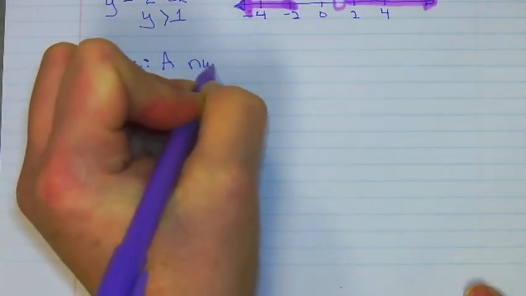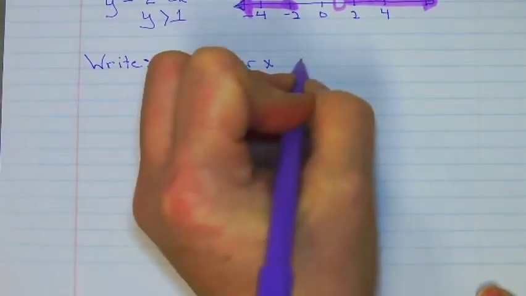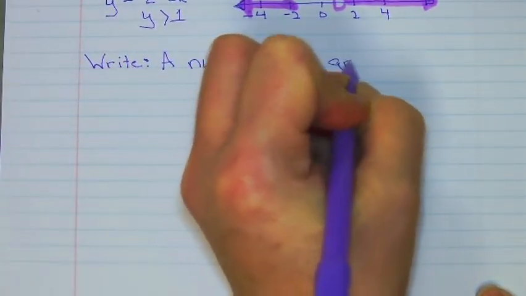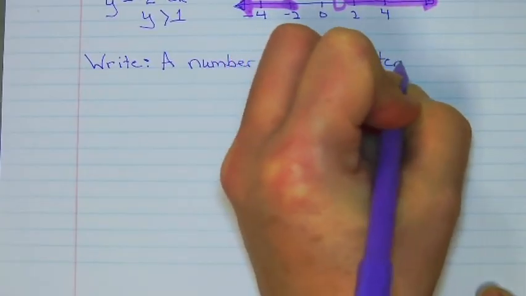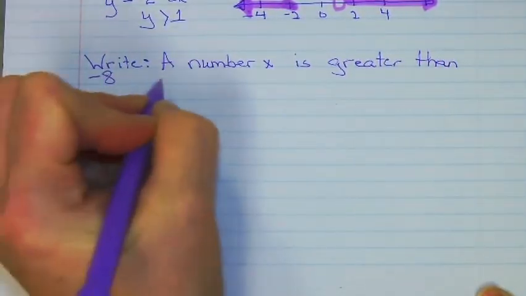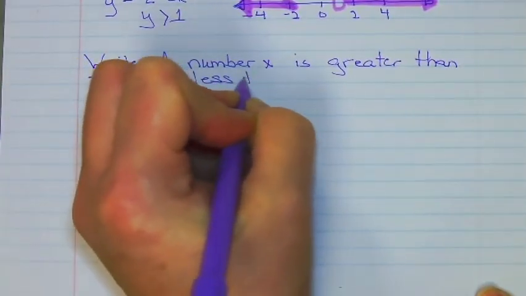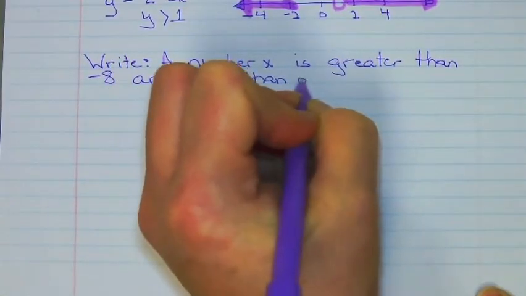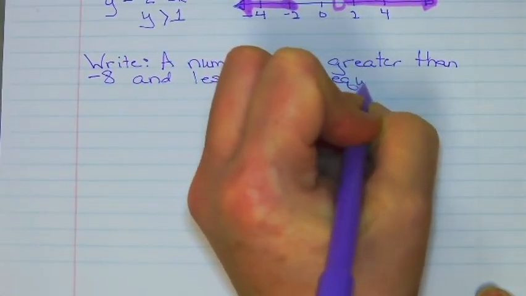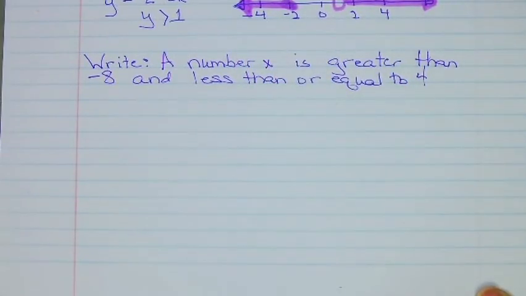A number, x, is greater than -8 and less than or equal to 4. That's a funky word problem, right?